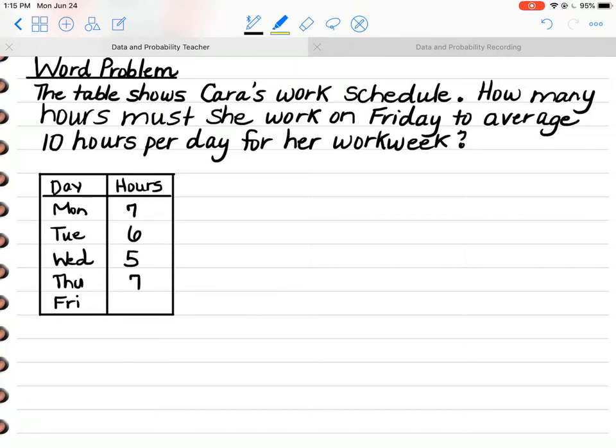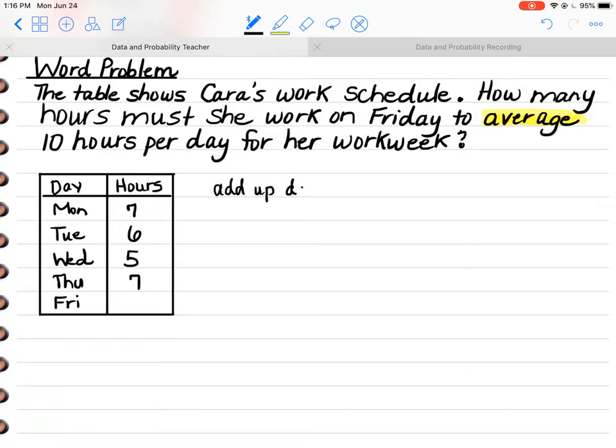So here's the clue. Hopefully your eye noticed that word average, because that is another word for mean. So they are wanting me to work with the formula for mean. So to do that, remember, mean is to add up, in this case, days.